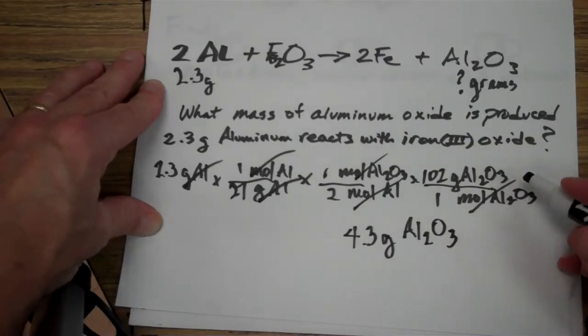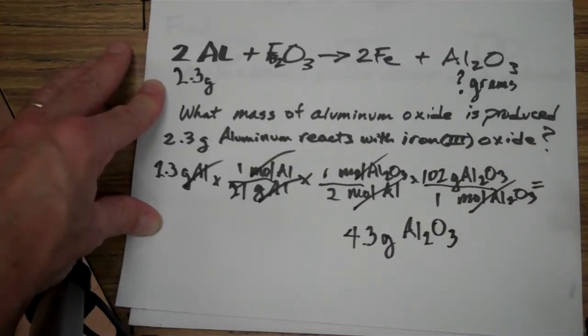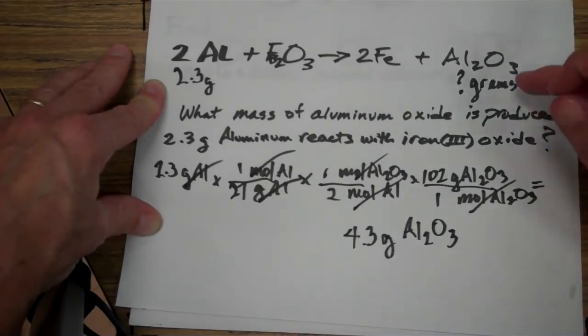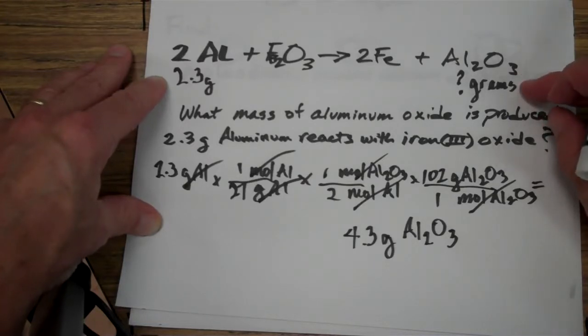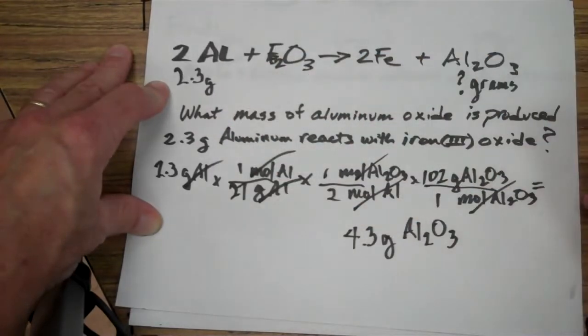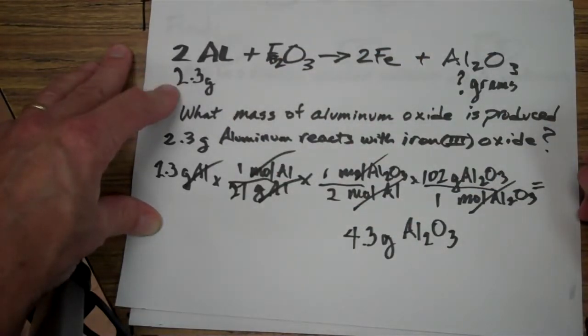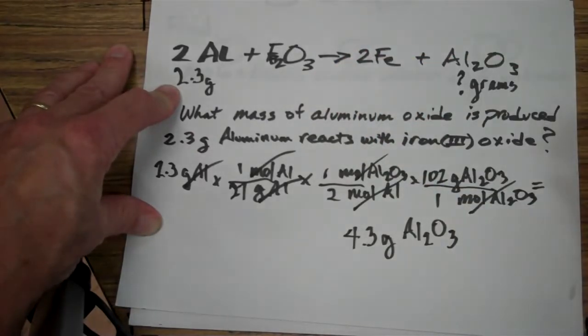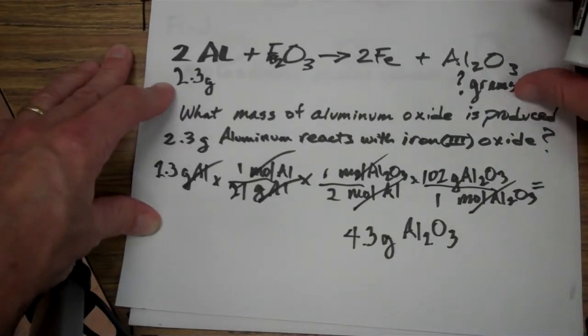There you have it. 3 simple steps to find, in this case, the grams of an unknown product, unknown quantity because we don't know how much we're going to get. Keeping in mind that our given known quantity is 2.3 grams of aluminum, assuming that there's an unlimited supply of iron 3 oxide for this reaction to take place, to finish.